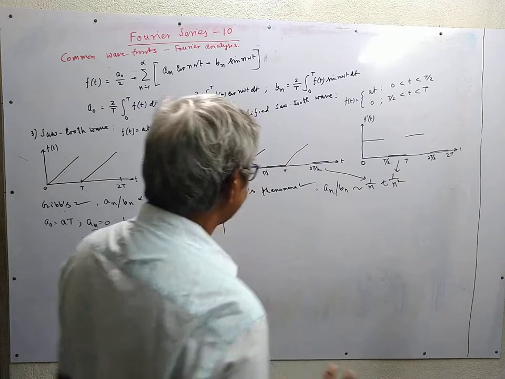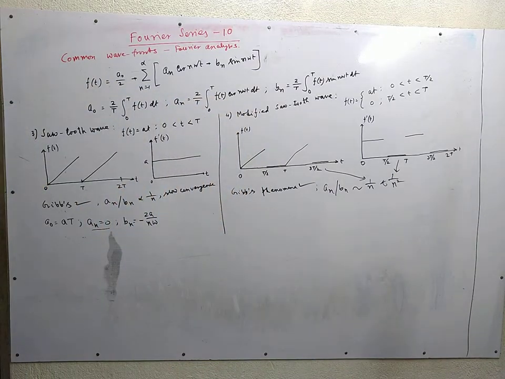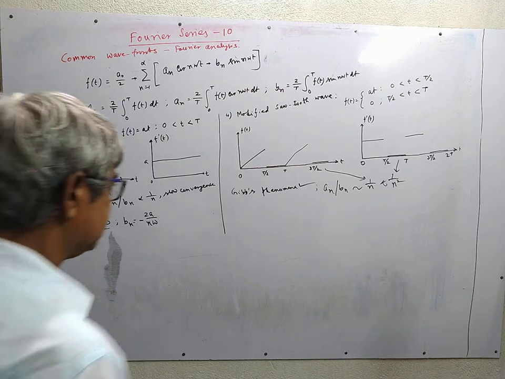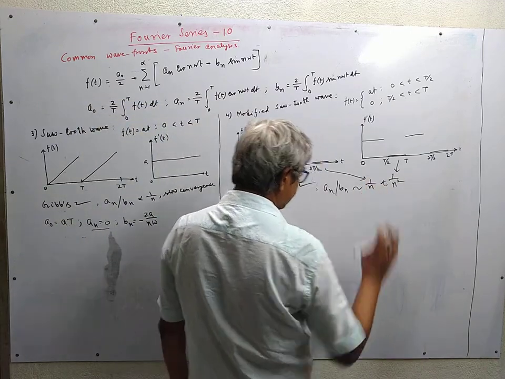Now this is the plan. If we do the partial sum, it will show Gibbs phenomena. If we evaluate the coefficients, either an or bn, one will have this dependence and the other will have that dependence.